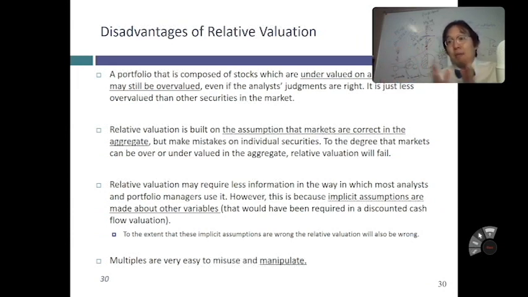In the dot-com bubble period, they used to come up with this idea of price per click or price per eyeballs. What do you mean? Well, because these Amazon.com kind of dot-com companies used to have negative net income, so they could not use the PE ratio. Instead, they had data about how many clicks there were on their website.